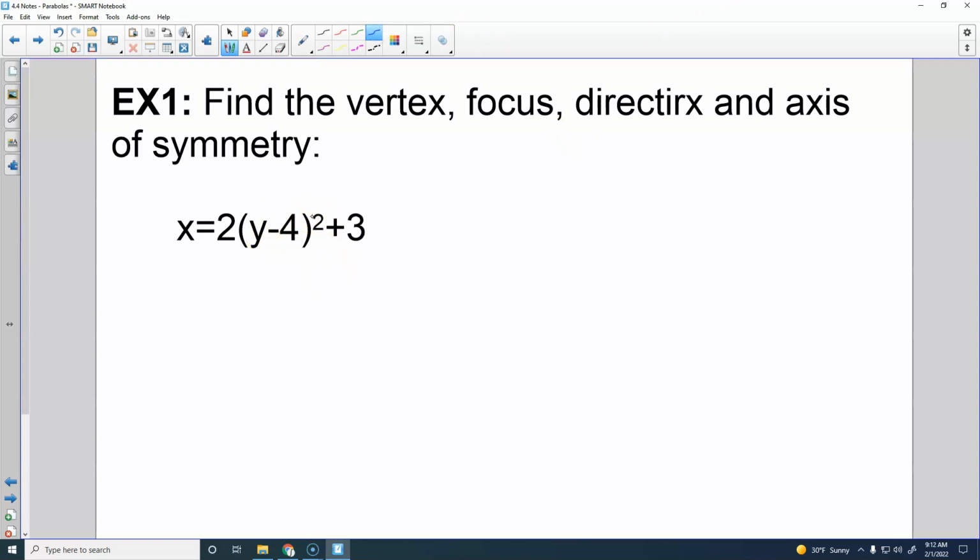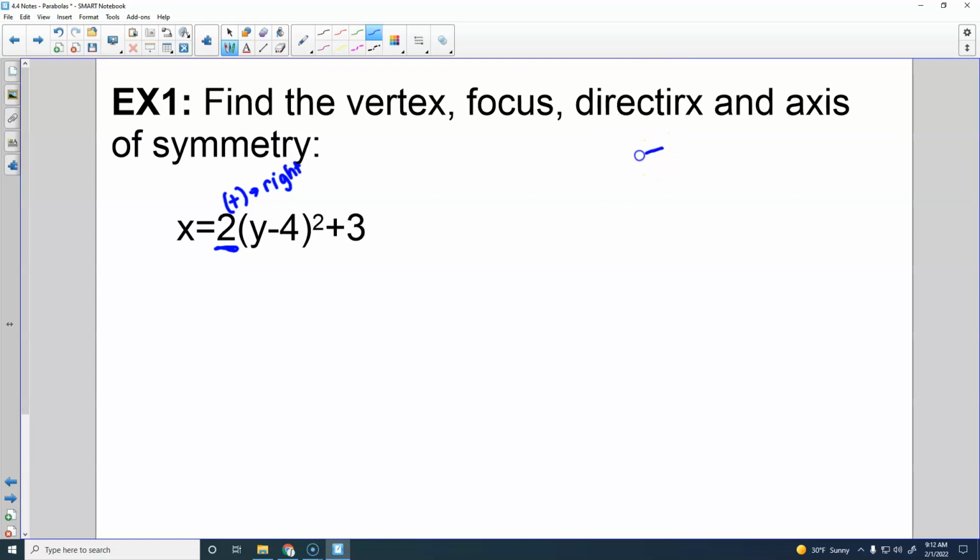If my y is squared, that means that we're going to open to the left or to the right. So we need to look at this number right here to tell whether it is positive or negative. Since this is positive, that tells us that it opens to the right. Positive is going to be the right direction.